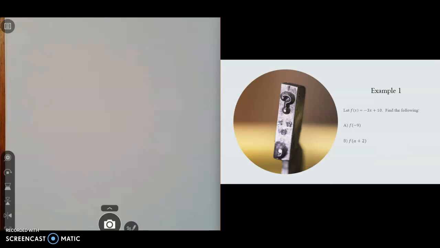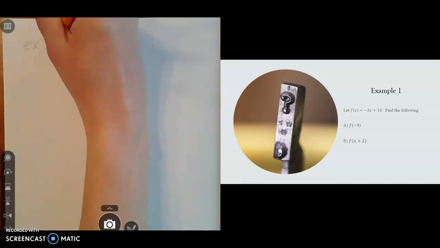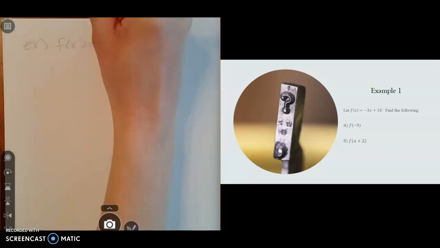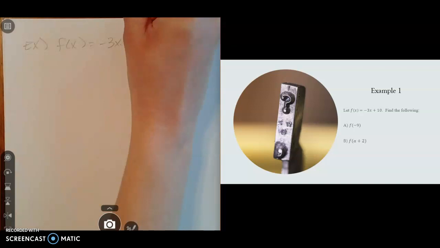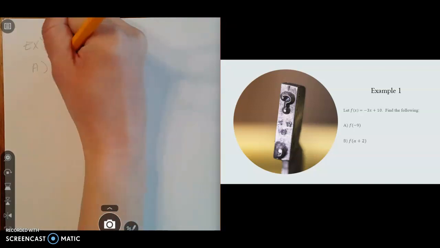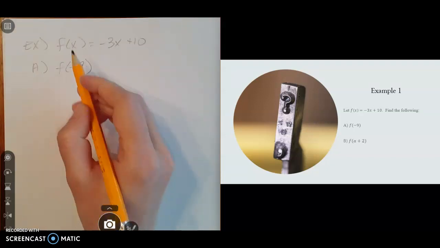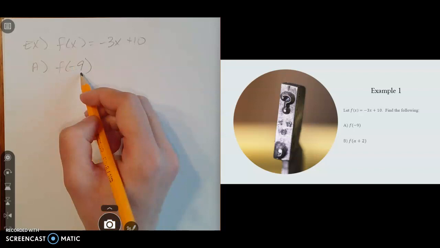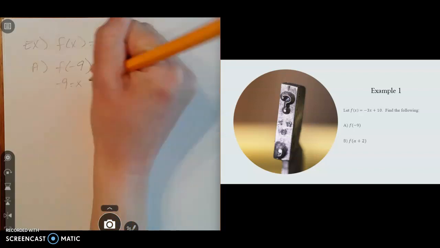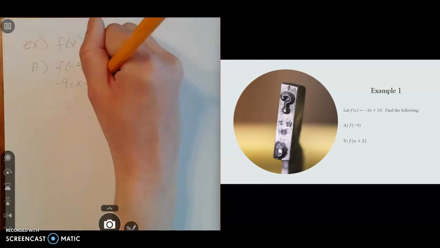So for our first example, we've got f of x. Here's our rule. F of x equals negative 3x plus 10. And the first thing we're going to find is f of negative 9. If you notice f of negative 9 and f of x, it's basically saying that negative 9 is your x, and we get to go through that function rule to find f of negative 9.